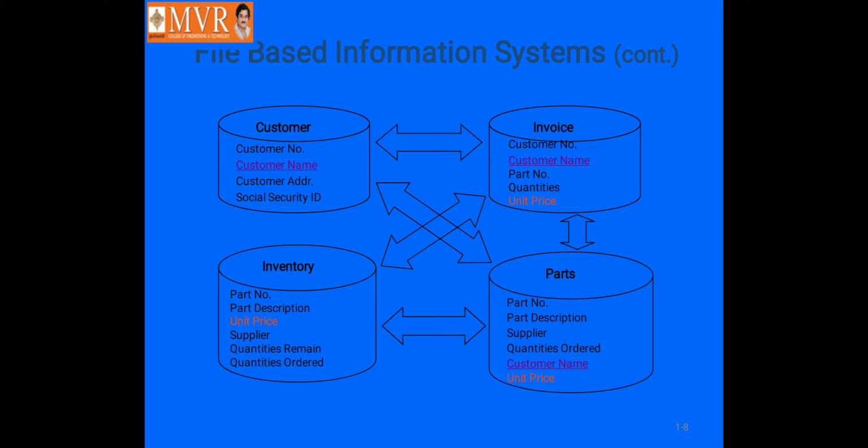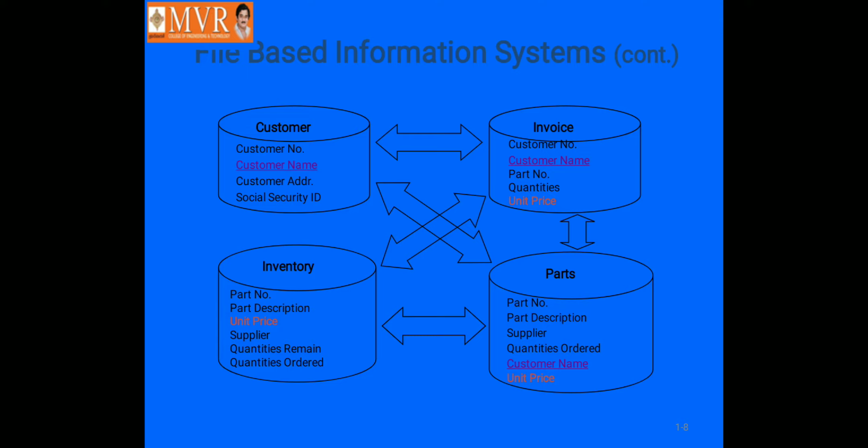In DBMS, we have to create four tables for customers, invoice, inventory and parts, with a bidirectional relation. In the tables, pink color is common in customer and invoice, and red color is common in invoice, inventory and parts.